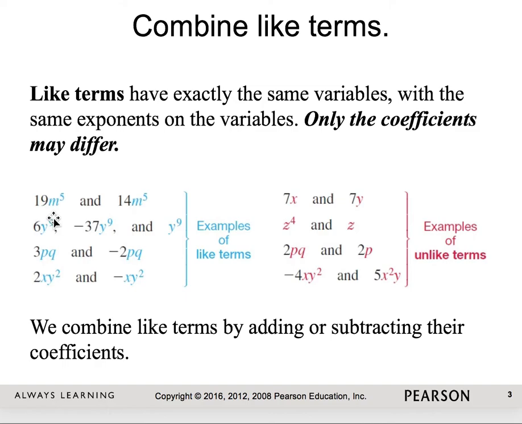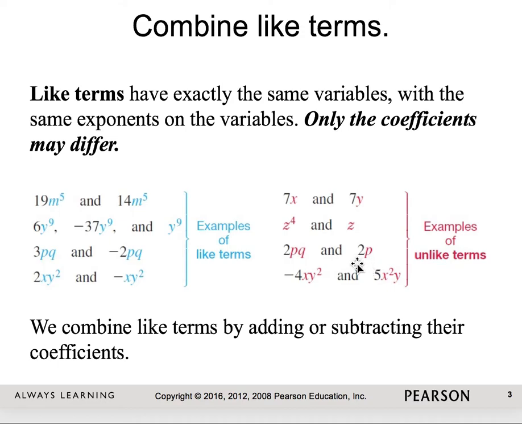So 19m to the 5th and 14m to the 5th are like terms. 6y to the 9th and negative 37y to the 9th are like terms. These are not like terms: 7x and 7y, the variables are different. Z to the 4th and z, the exponents are different. 2pq and 2p don't have the same variables.